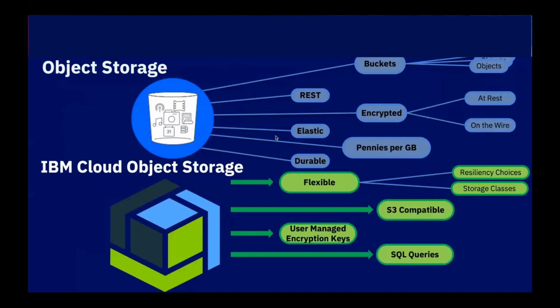Now, one of the qualities that we have is this data is enabled for SQL queries. That's one of the things that we are diving into later today. So it's not just cold storage, it's really storage that can be used for data transformation and analytics. And we have integrated a very convenient way to efficiently upload data into the Cloud Object Storage with Aspera.